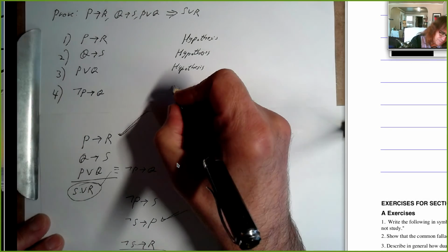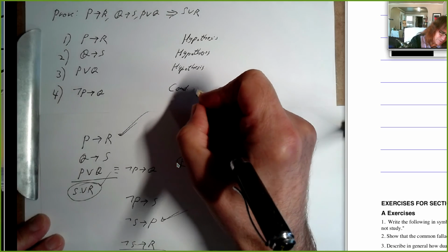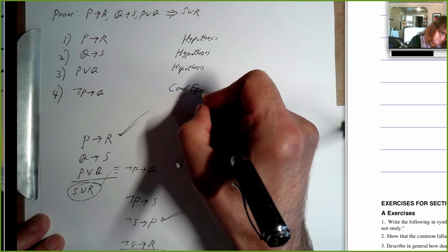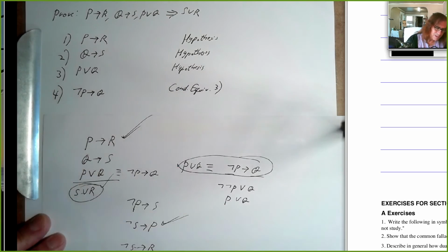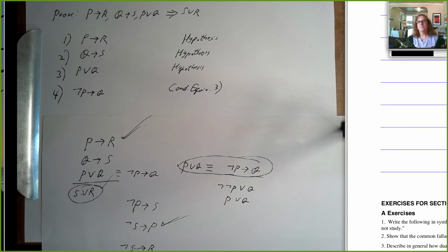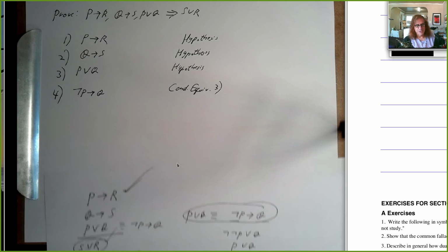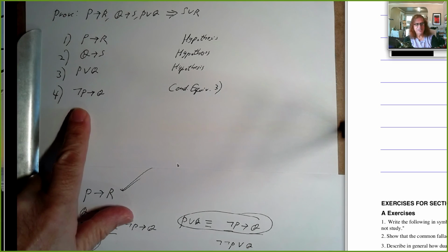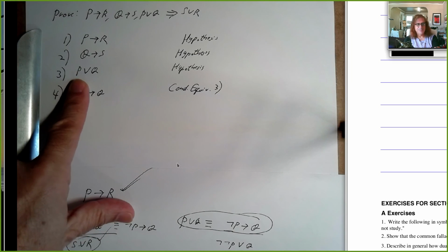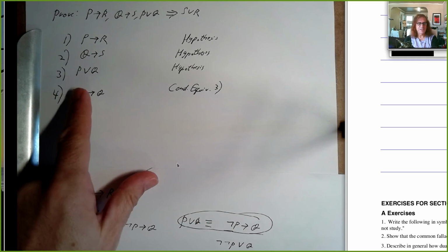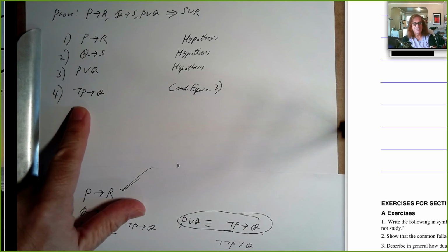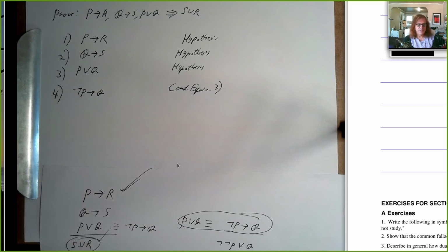Why? Because I used conditional equivalence on statement 3. So anybody reading my proof knows why this is here. They just look at statement 3, they know what conditional equivalence is, they apply it, and they say, oh yeah, okay, so if not P, then Q. That must also be true.